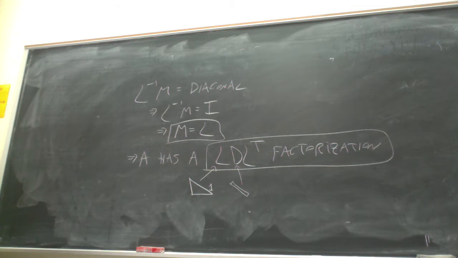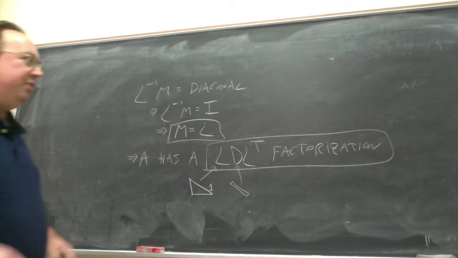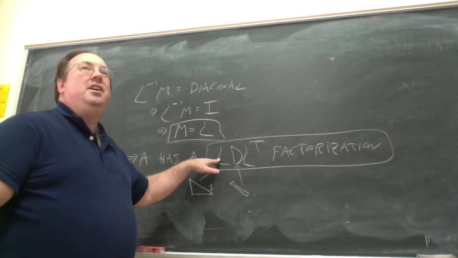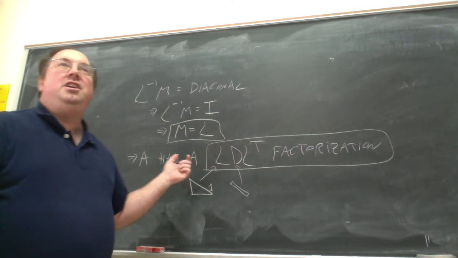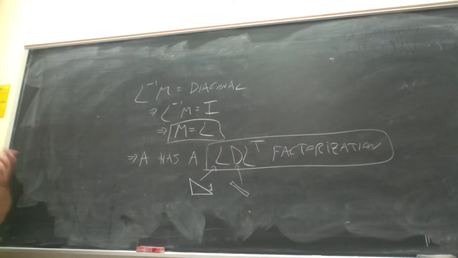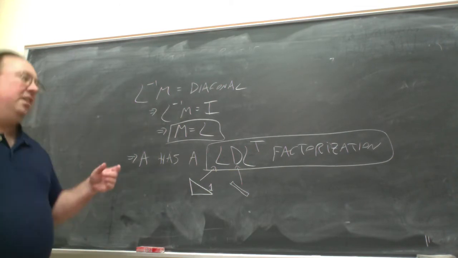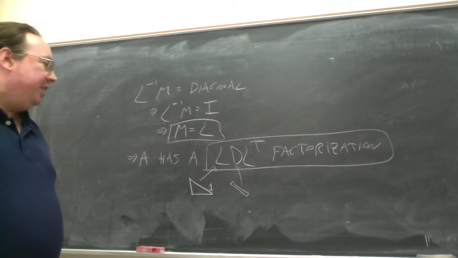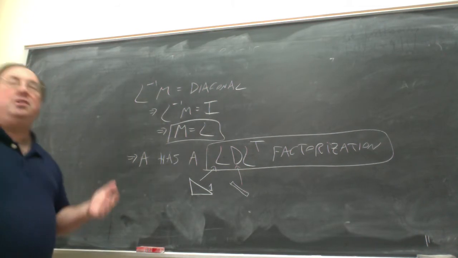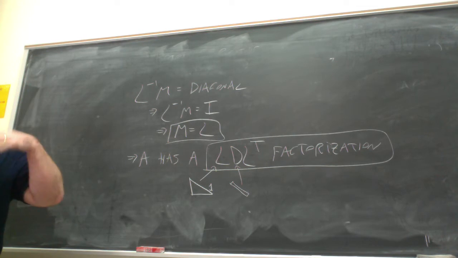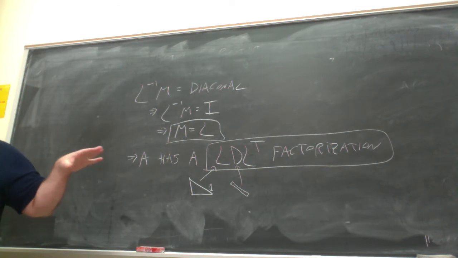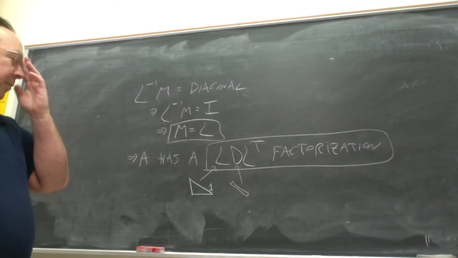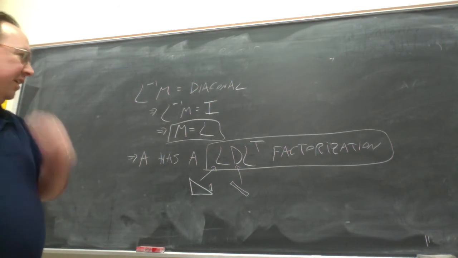The reason this is helpful, whereas LDMT is not, is that these factors are the same, so that's one less thing to compute. You don't even have to compute U, because you only need D, which is a diagonal matrix. You can use a process similar to Gaussian elimination. I'm not giving problems on LDLT, but it's a pathway to the next factorization, which I did give you problems on. That's why I'm covering it.